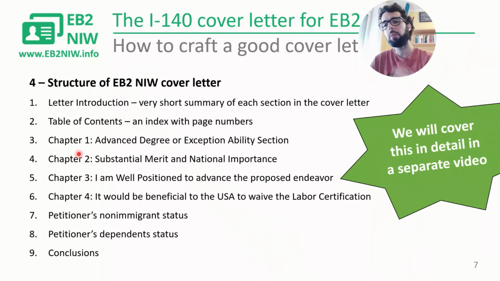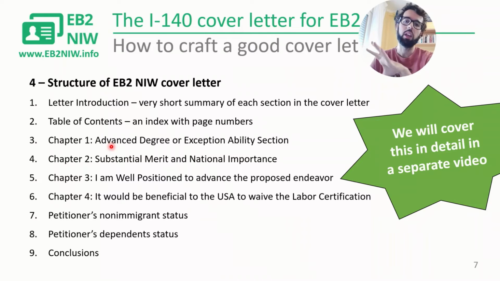And then we have, in my case, 4 chapters. If you remember the general requirements for this NIW category, you have the EB2 general requirement, advanced degree or exceptional ability. That's 1 chapter. In my case, for example, I was going for the advanced degree one.